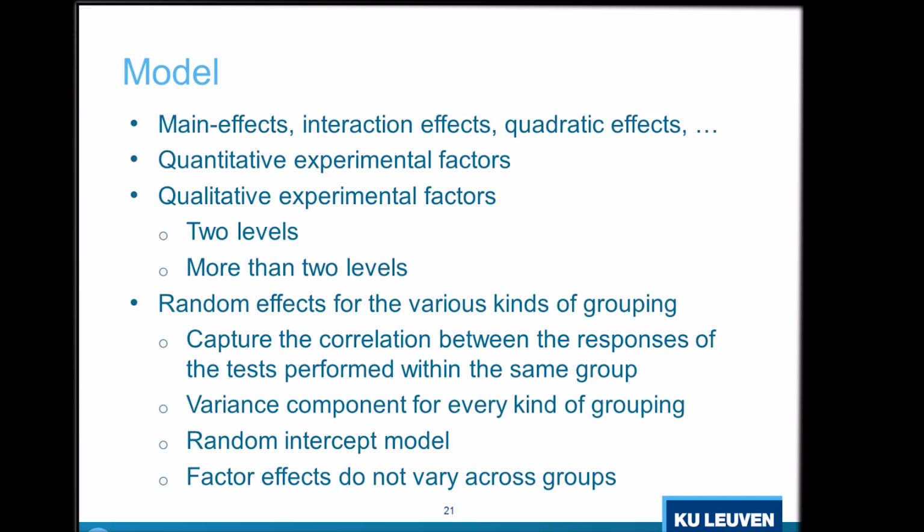Now, one key feature of our approach, and basically all split-plot models in the literature, is that we assume that the factor effects do not vary from group to group. We assumed that the main effects, the interaction effects, the quadratic effects are stable across whole plots and across subplots. So that was a key assumption. So essentially, our models were random intercept models.